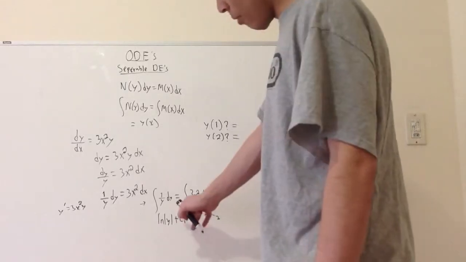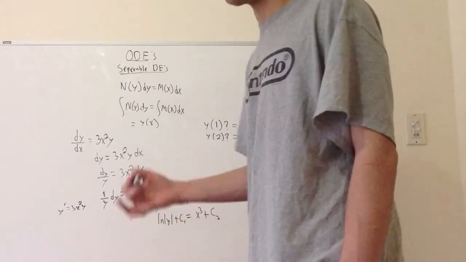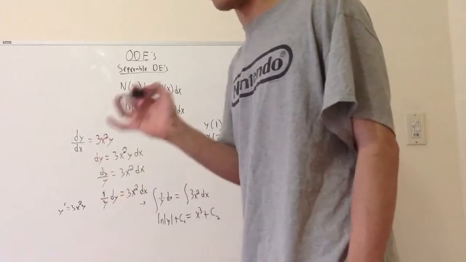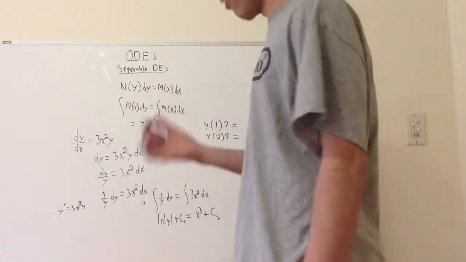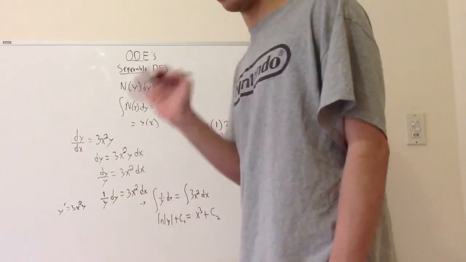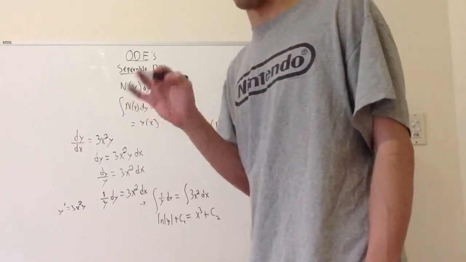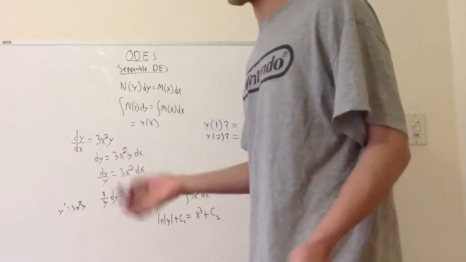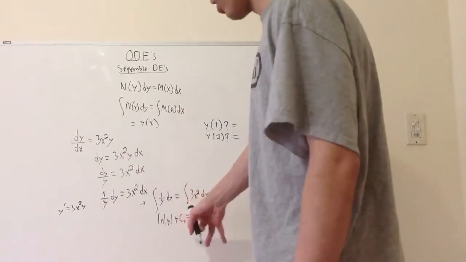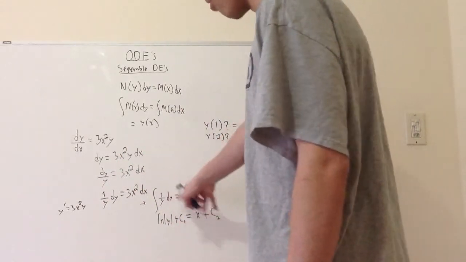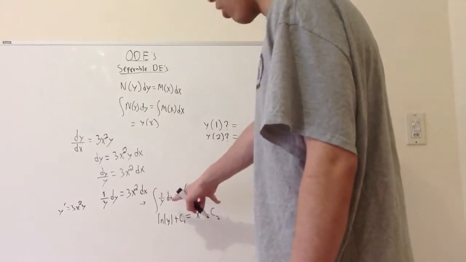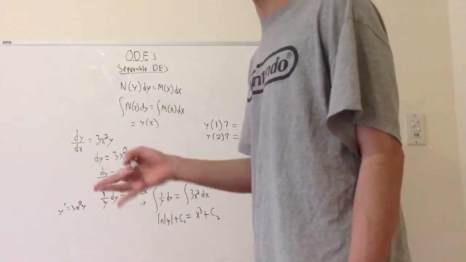The only reason I'm writing the constant on both sides is to illustrate that the constant of integration does exist for both of these integrals. But generally, because it's just an arbitrary constant, it doesn't really matter what it is. Sometimes people just write the constant on one side. You can do whatever you want. It's not really important specifically what that is yet.